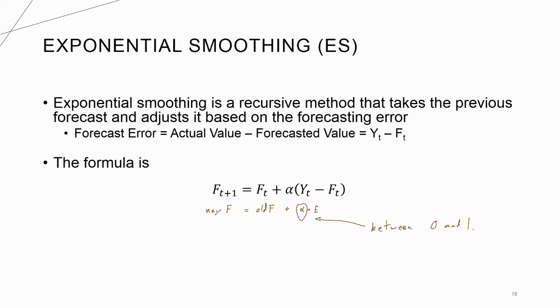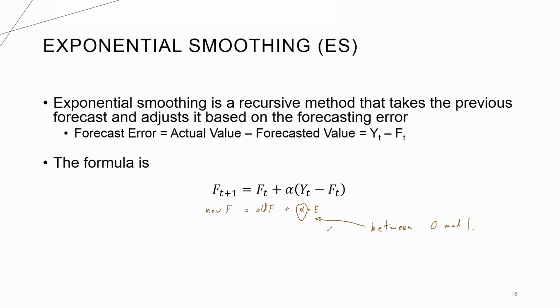If alpha is 0, then the new forecast is the old forecast plus 0. So in other words, the new forecast is just the old forecast. So if alpha was 0, our forecast would never change. This would be very smooth. In other words, it would be a flat line. It would be as smooth as possible. It would be 100% smoothed out, right?